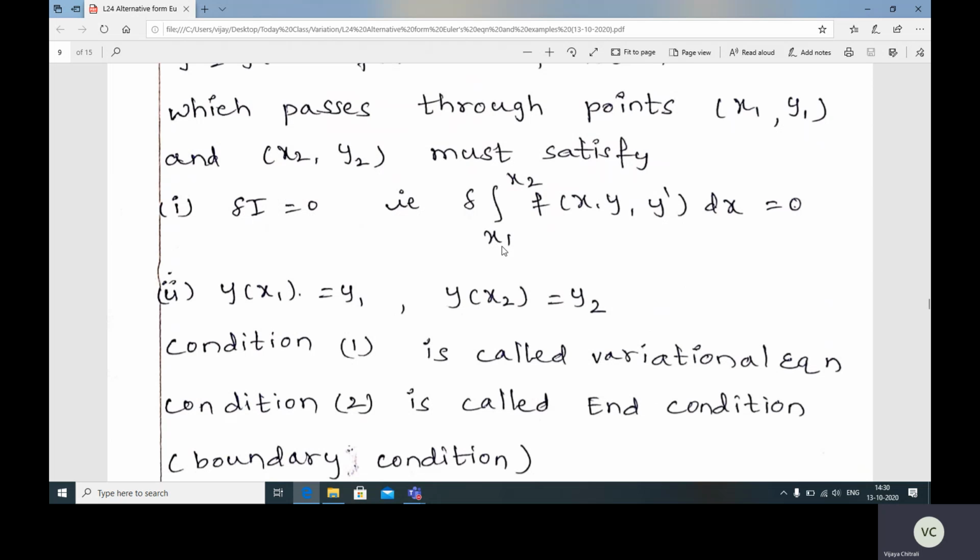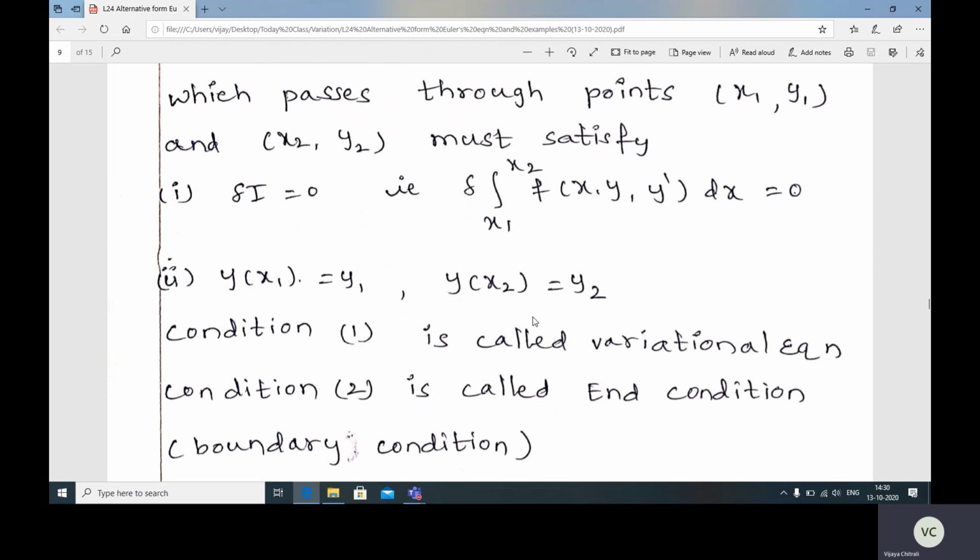I is the integration from x1 to x2 of f of x, y, y' dx. So delta I means delta of the integration from x1 to x2 of f of x, y, y' dx is equal to 0. And the second condition: y of x1 is equal to y1, y of x2 is equal to y2. Condition 1 is called the variational equation, and condition 2 is called the end condition or boundary conditions.